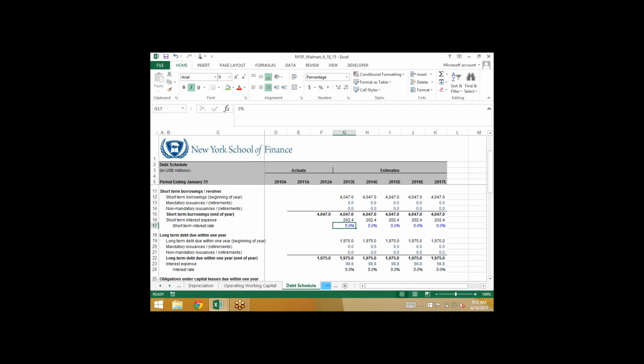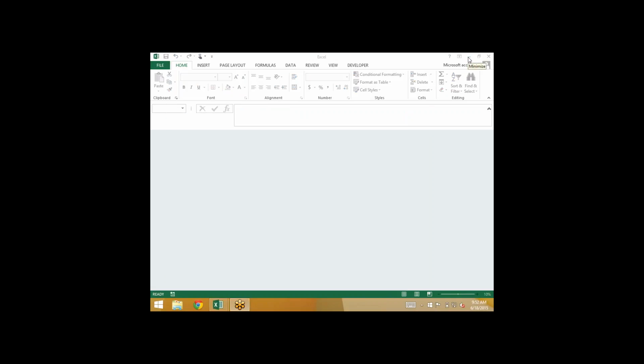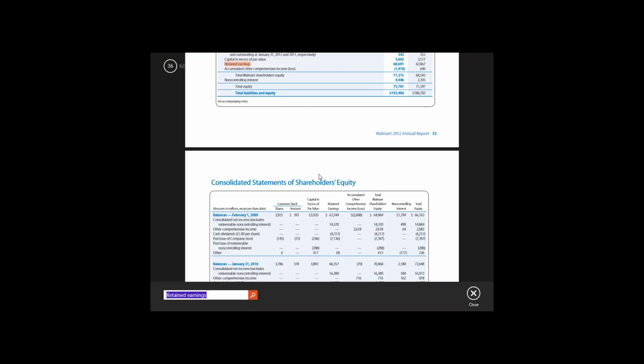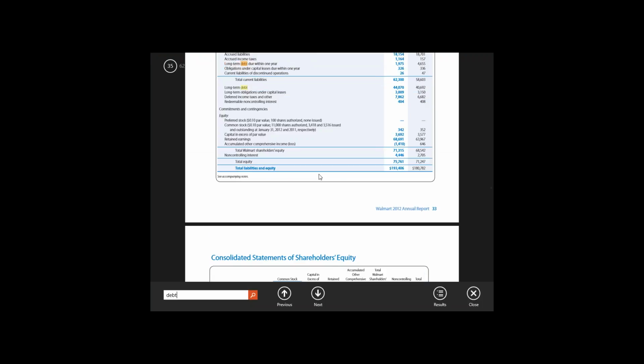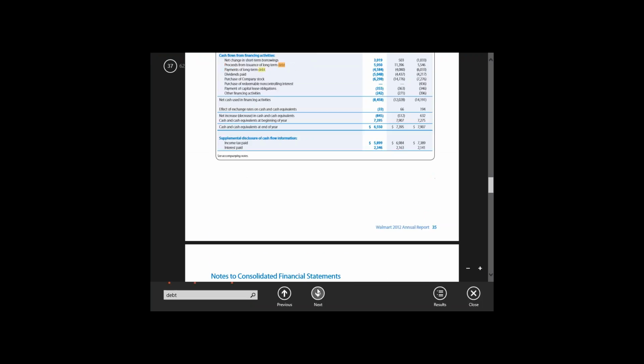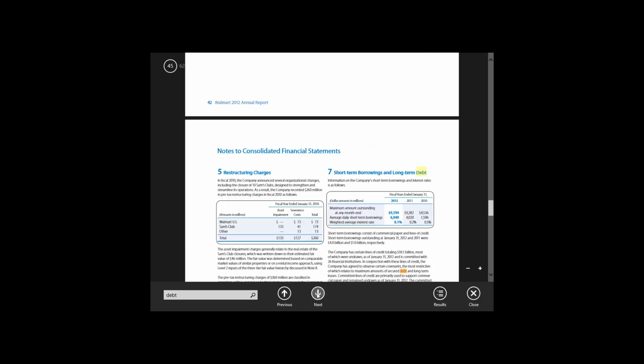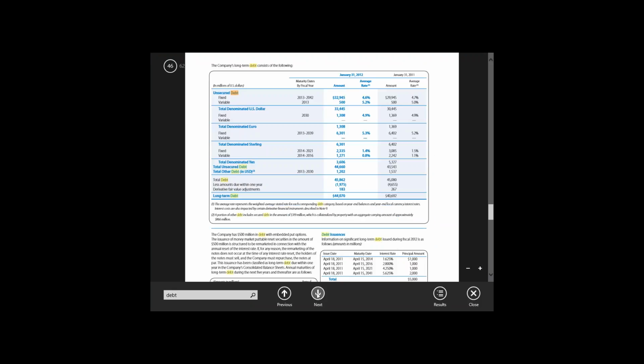I do want to start digging into the annual report and look at what these interest expense percentages should be. Let's get a little bit more accuracy there. So while you're working on the mechanics, in the annual report, if I do a word search on debt, there's a couple tables that are helpful. The one I find most helpful for interest payments is the one that has interest rates in there, obviously.